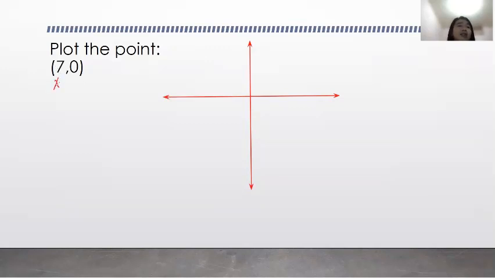Since x is equal to 7 and y is equal to 0, we have 1, 2, 3, 4, 5, 6, 7. So 7 and 0, it follows here. So we have this point. This is the plot of the point (7, 0).